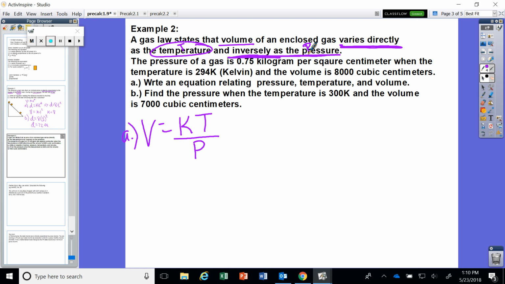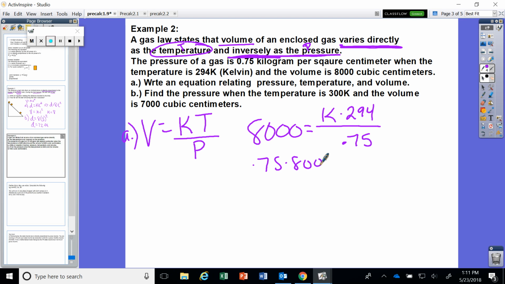Now, this represents our main function that we can use. But just like in the last example, we want to find out what that constant of variation is going to look like. So let's use the information they give us. They say the volume is 8,000 when, in this case, the temperature is 294 Kelvin and the pressure is 0.7 kilograms per square centimeter that we're dealing with. Well, now we're going to multiply 0.7 times 8,000, divide through by 294, and that's going to get us our constant of variation.